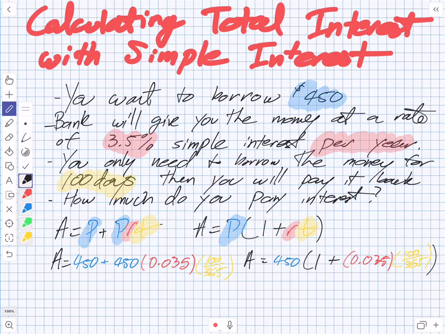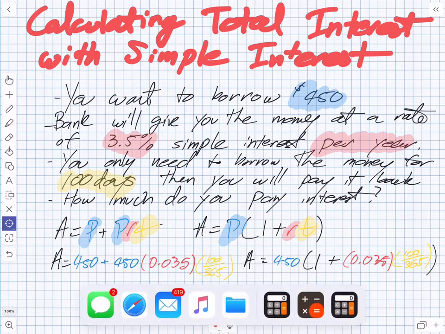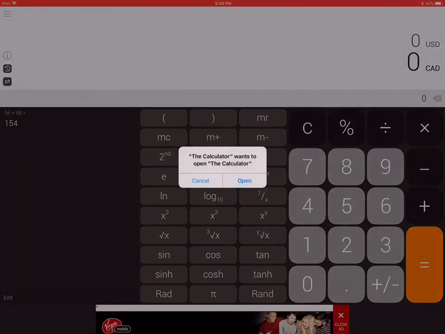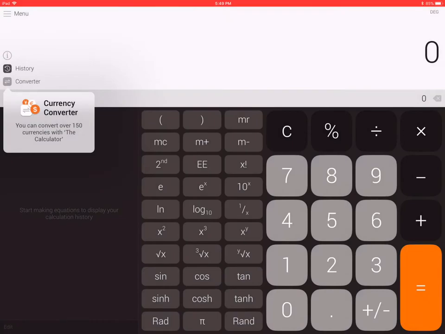So we can take out a calculator and start calculating this. First thing I'm going to do is calculate the decimal value of what this fraction is. Then I'm going to multiply it by this decimal value. So I'm going to deal with this equation on the left first. So let's go to our calculator. Okay, great.